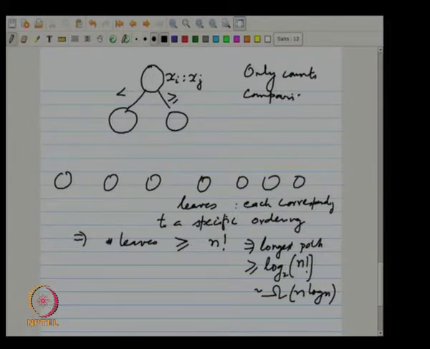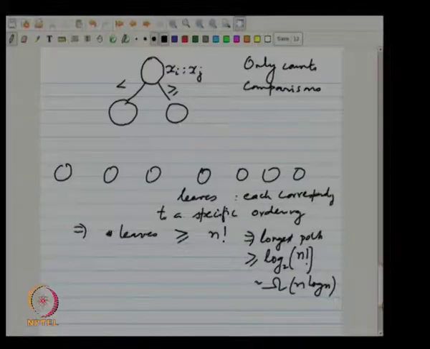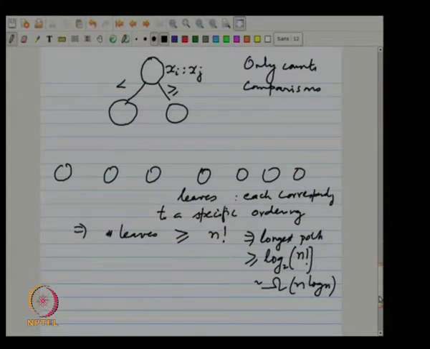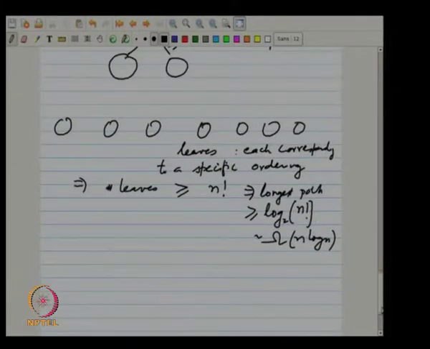If you are doing additions, assignments, or other kinds of operations, they are not even being accounted for here. But it says that you are basically using comparisons to sort. You are stuck with this bound, right. And this is something that I have been alluding to a couple of times, that why should one limit oneself only to comparisons?